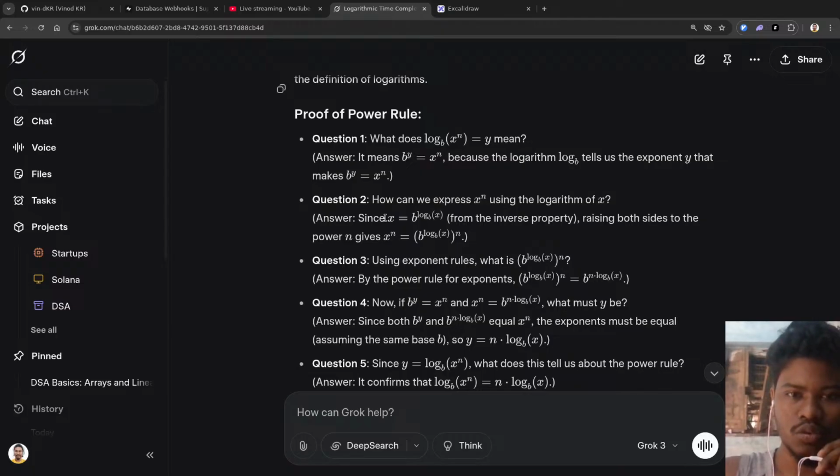Now how can I express x to the power n using the logarithm of x?